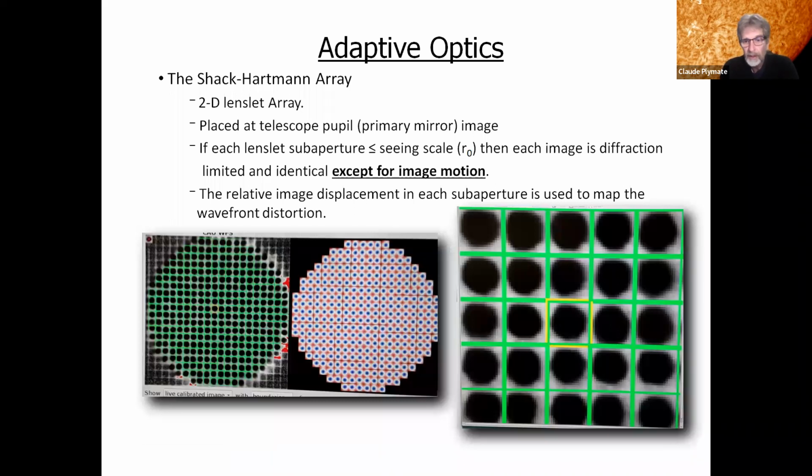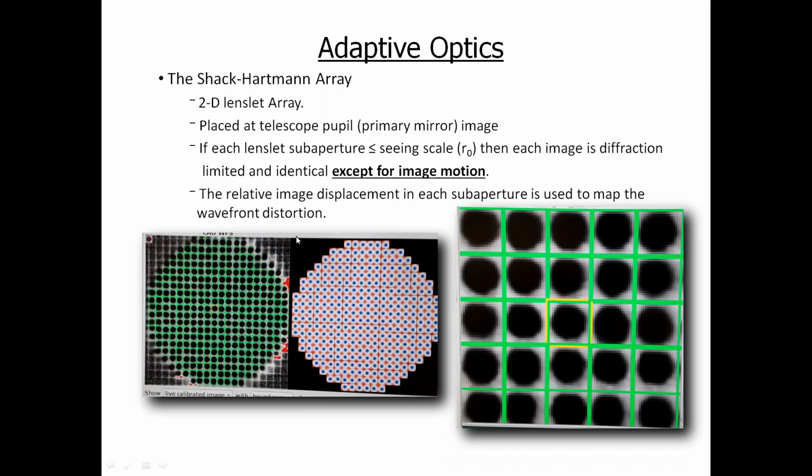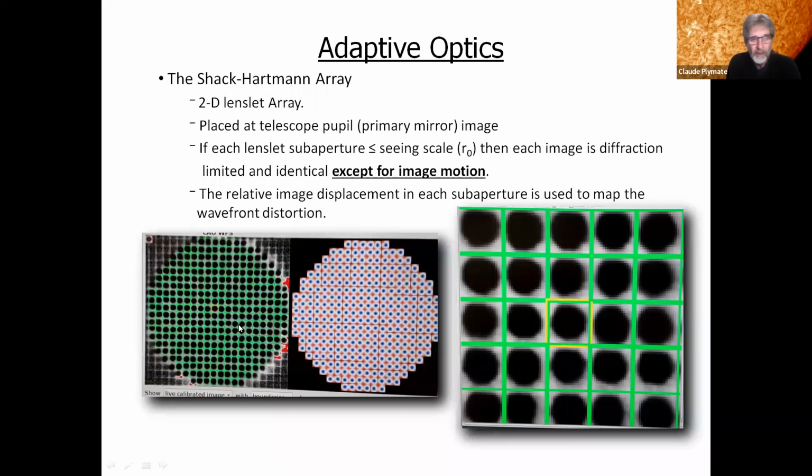And here again is another image of an actual Shack-Hartmann frame taken a couple years ago, on November 11th, 2019, as Mercury was transiting across the solar disk. Again, here is the reference subaperture, which is that one saved up in the corner. Its position is then compared to each subaperture across the entire pupil image, or mirror image, of the telescope.